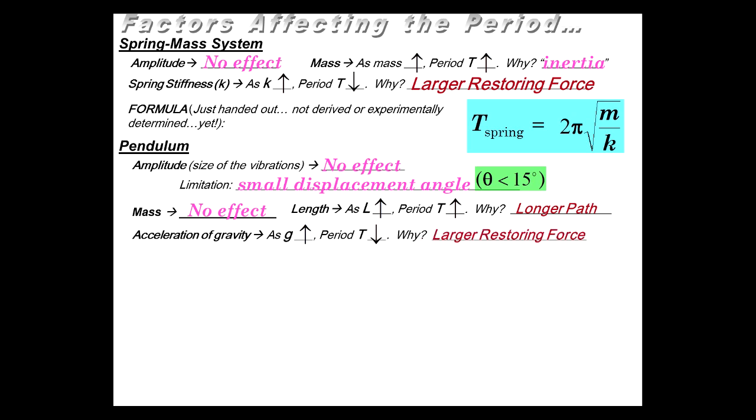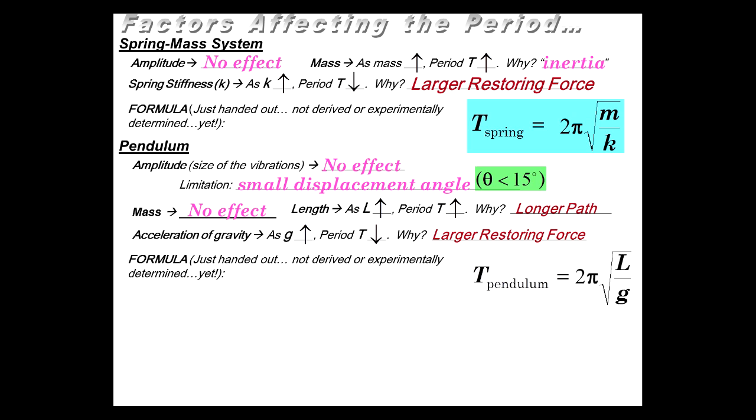We have a larger restoring force. So here is a formula that's consistent with all that. Period of the pendulum, 2 pi square root of L over g. Again, you don't know the details of this by this explanation, but as length goes up, period goes up. We just discussed that. As gravitational field goes up, then the period goes down. So it's all consistent with this.